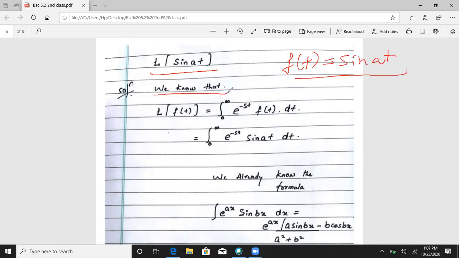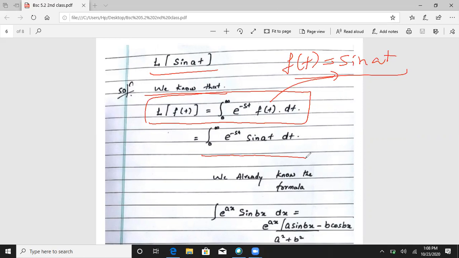And we know that the Laplace transformation of f of t is equal to the integration over 0 to infinity of e to the power minus st f of t dt. Okay, instead of writing f of t, we write here sin at. It is the integration over 0 to infinity of e to the power minus st sin at dt.